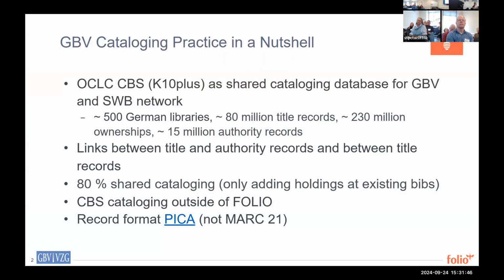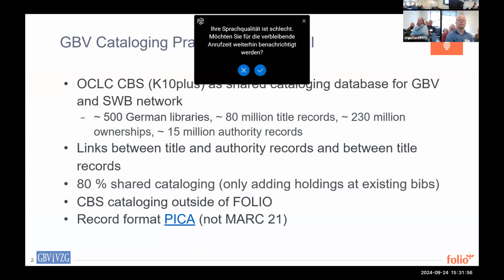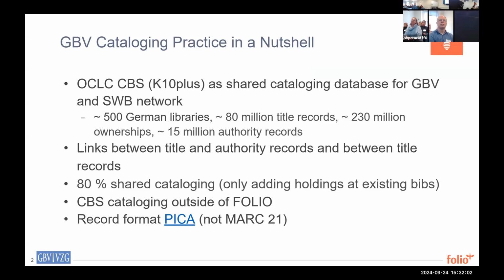It's called K10 Plus. It's an OCLC database, and it contains about 80 million title records and 15 million authority records, and 230 million holdings are connected to the titles.